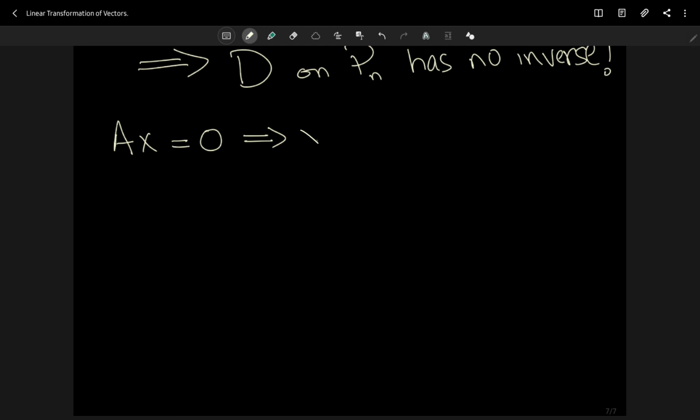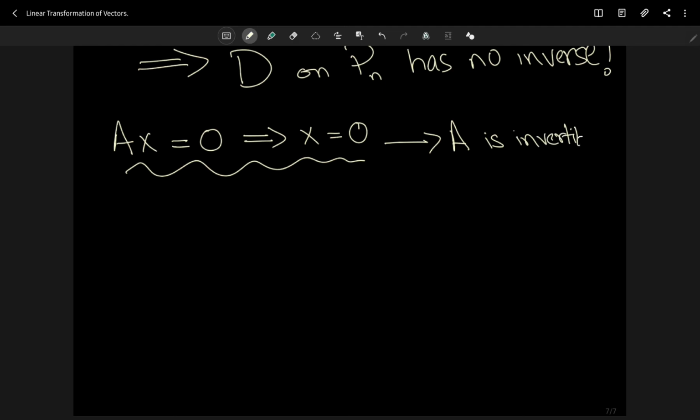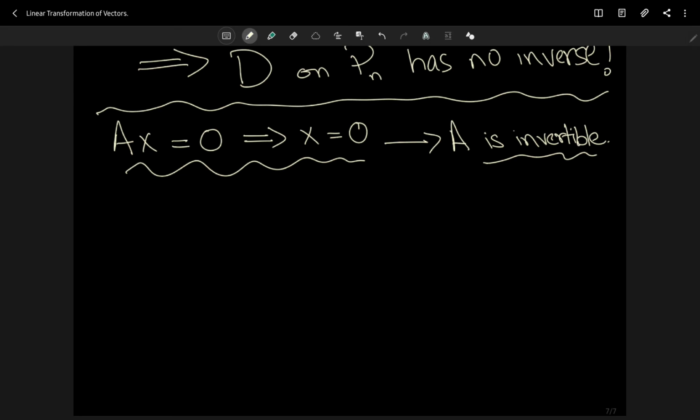That implies that x has to be 0. And if this is the case, then we can say that A is invertible. And I just gave this statement out of the blue.